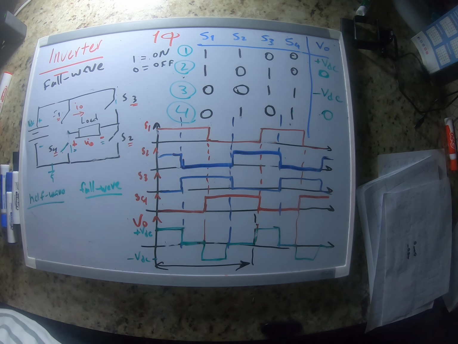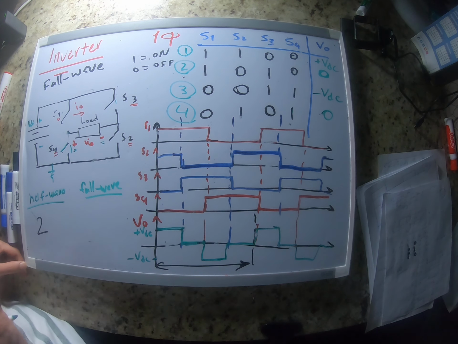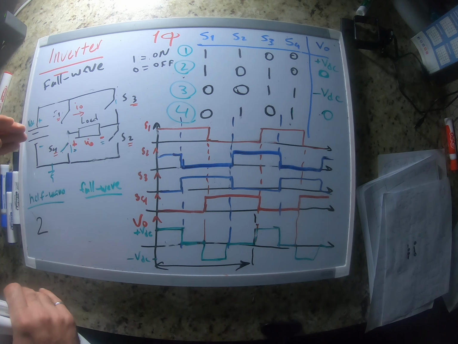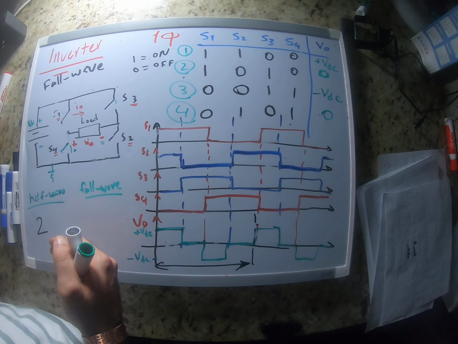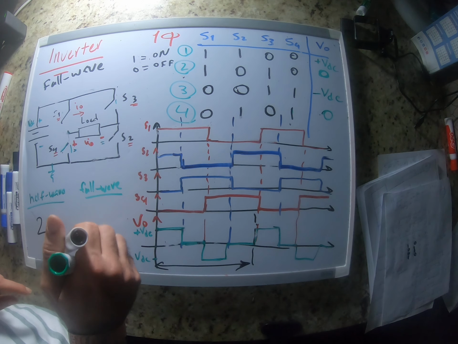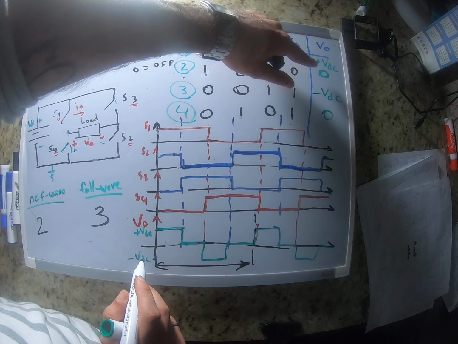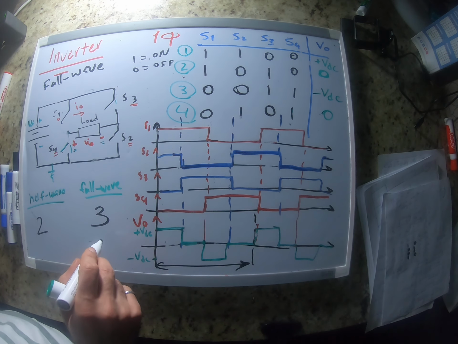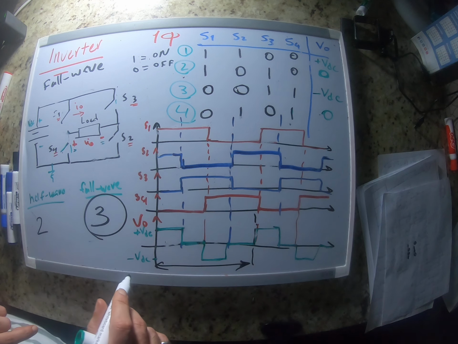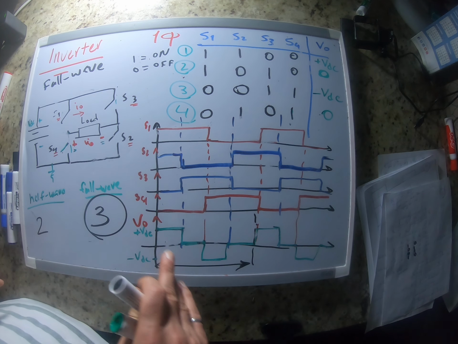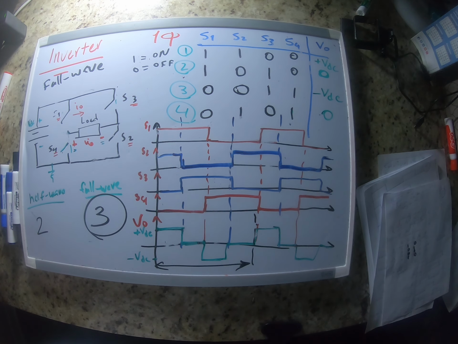For a half-wave inverter, we only have 2 voltage levels. If you remember, it was VDC over 2 or negative VDC over 2. For a full-wave inverter, we have 3 voltage levels. It can be either positive VDC, 0, or negative VDC. That gives us a better AC signal compared to half wave.